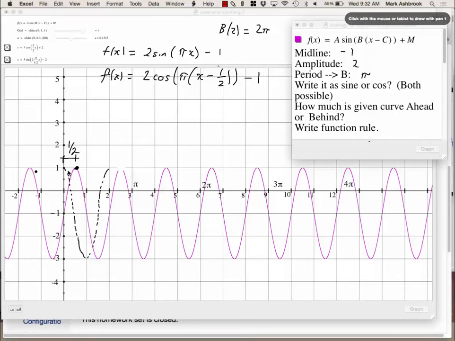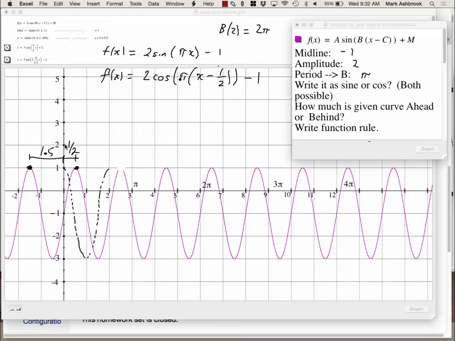you could look at this cycle, right? From here to here. This is valid too. It's just further away. And so this cycle of cosine, is it ahead or behind the unshifted? It'd be ahead. Ahead by how much? 1.5.